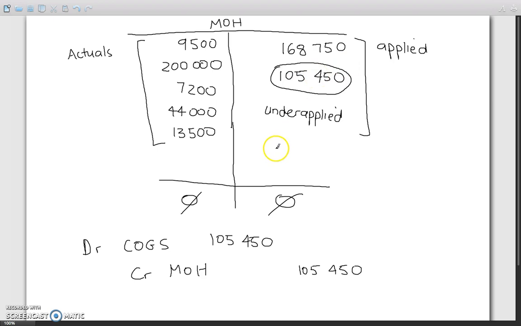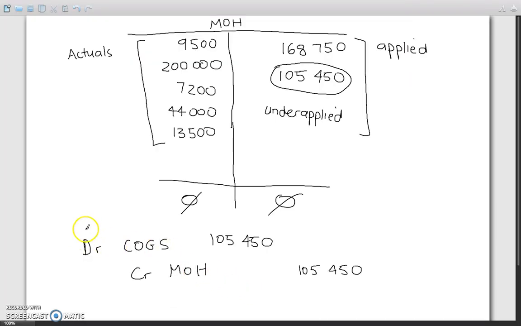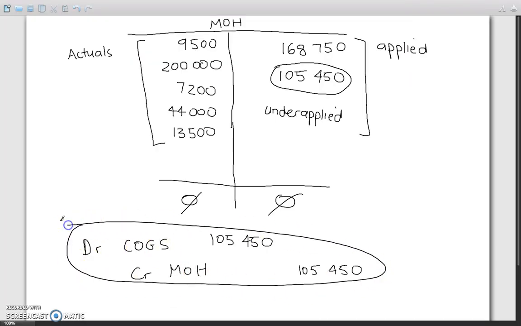And you want accounting data to be accurate to make future decisions. So in this case, it was underapplied by that amount, and that is how you solve for both parts B and C, because part C is a journal entry to close overhead to cost of goods sold, which is exactly what I did here. Excellent.